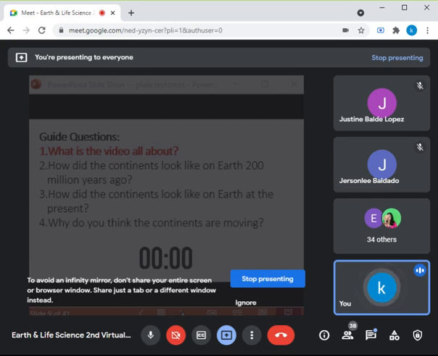Or, in simple terms, it shows how the continents split, according to Justin, from a supercontinent to what it is today, where there are 7 continents already. Did you have the correct answers? Did you get the same answer?